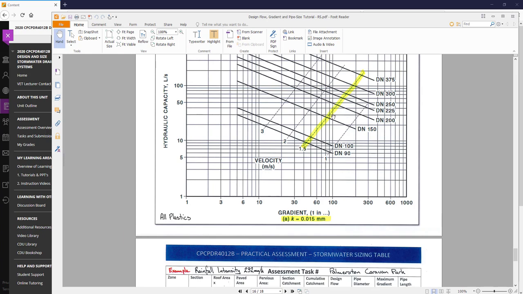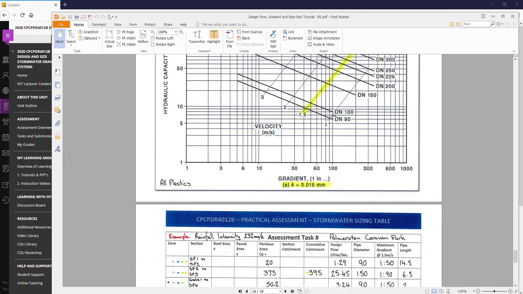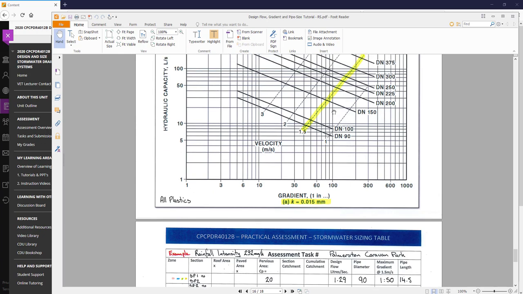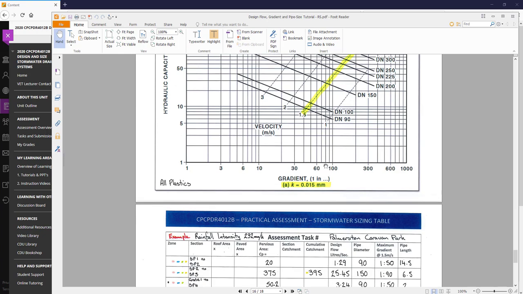So the grade is 100, but the size pipe, it's greater than 150. Looking at this, I've got pipe is 150, and the grade is 1:90, so if you go up 1:90, yeah, there it is there.